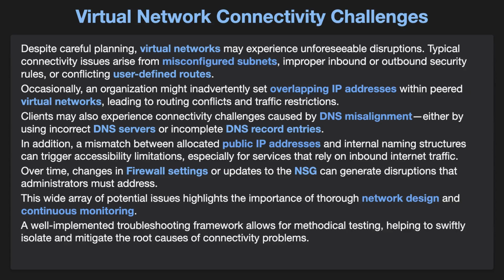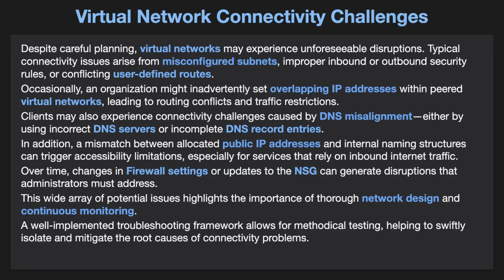Despite careful planning, virtual networks may experience unforeseeable disruptions. Typical connectivity issues arise from misconfigured subnets, improper inbound or outbound security rules, or conflicting user-defined routes. Occasionally, an organization might inadvertently set overlapping IP addresses within peered virtual networks, leading to routing conflicts and traffic restrictions.